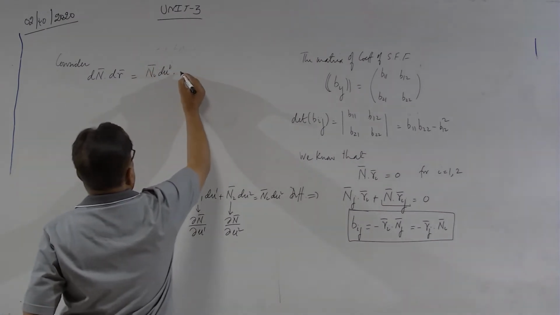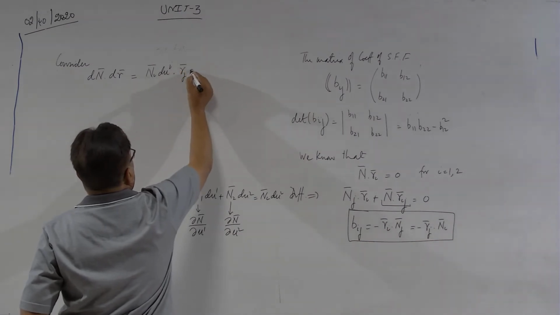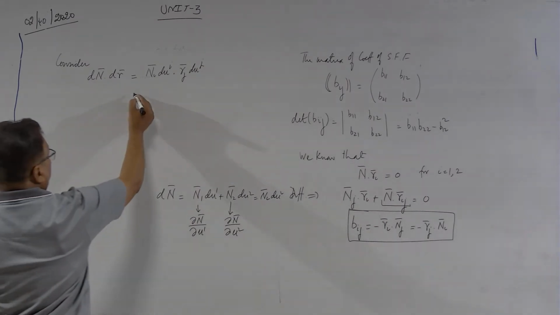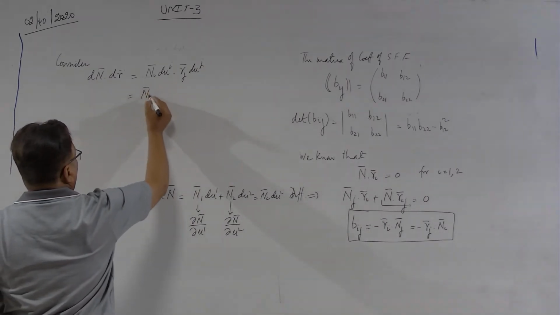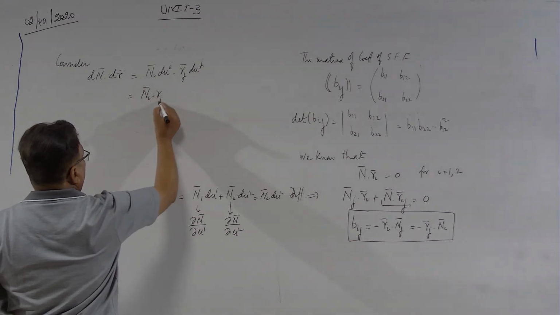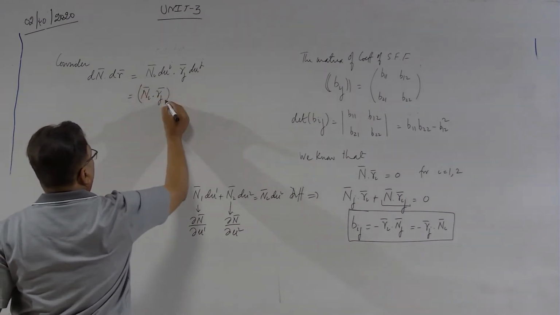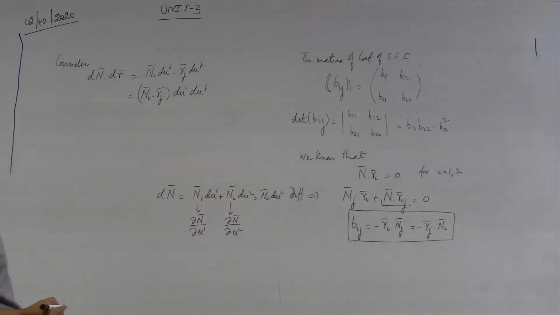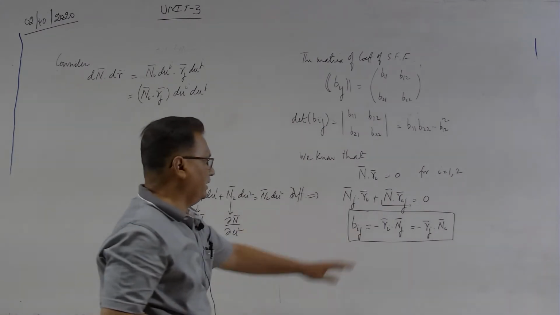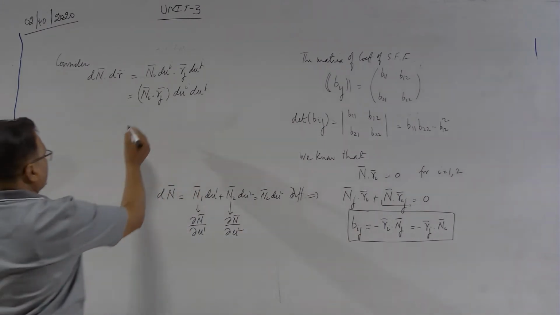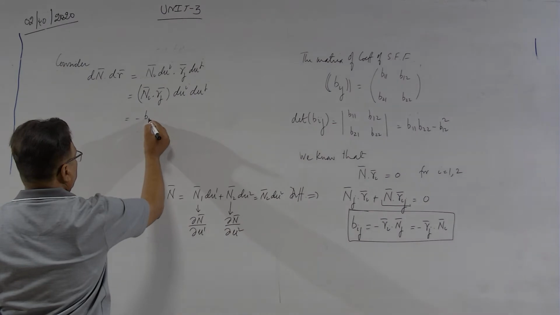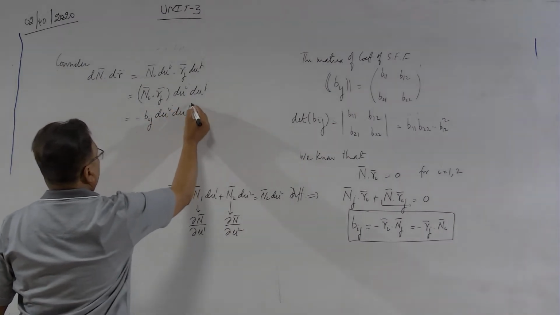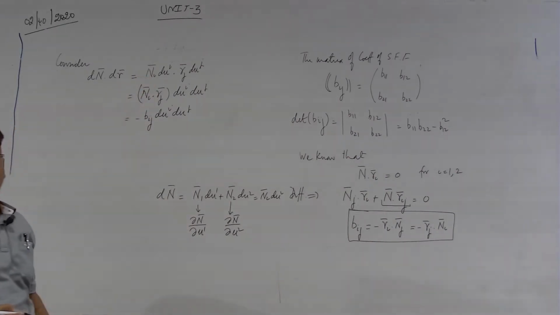dot, this is r j duj. So, the dot product of n i and r j multiplied by dui duj. n i dot r j you have just seen is minus b i j. So, this is minus b i j dui duj, and throughout i and j are dummy indices.